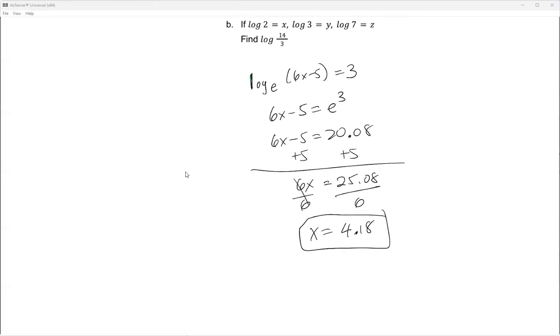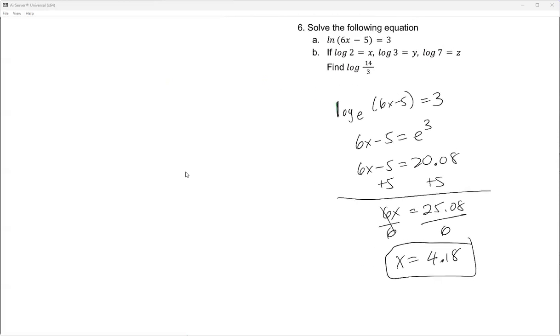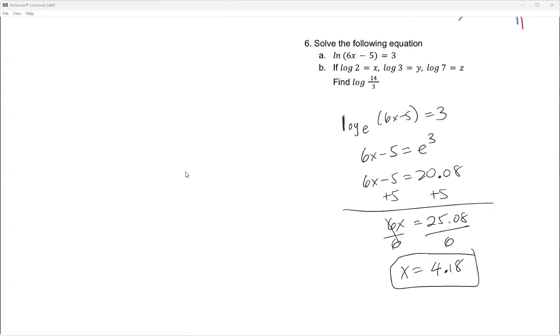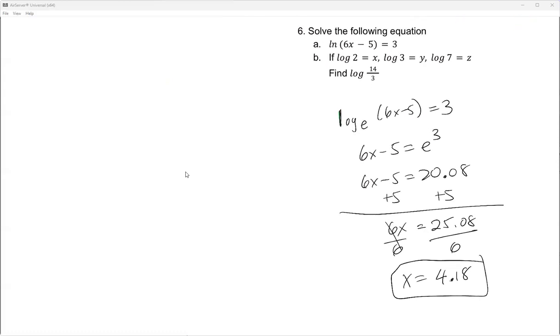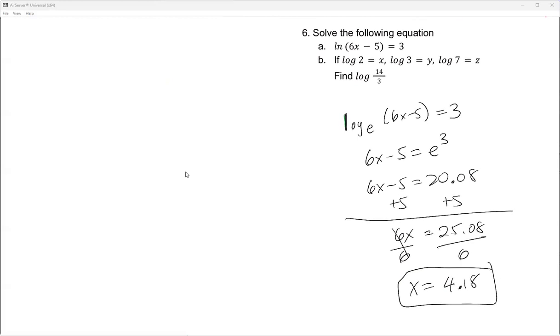Letter B kind of goes into our next lesson, the splitting up of logs. So let's find the log of 14 over 3. Notice that 14 is log 2 plus log 7, because 2 times 7 is 14. That makes sense?